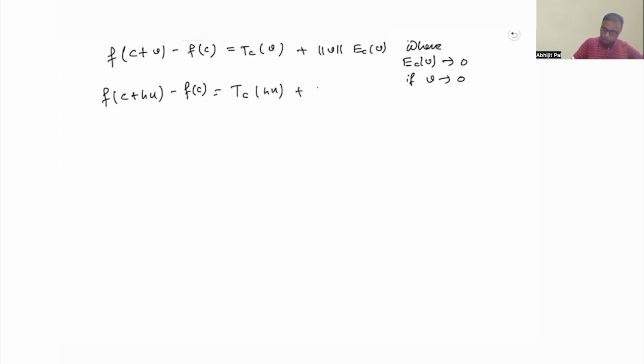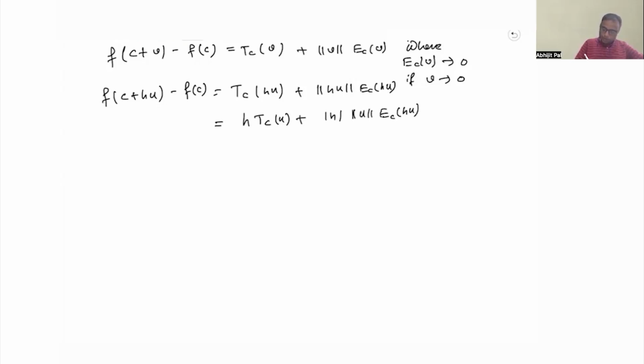So now we have this equation. Now this T is a linear function, and this h is a scalar belonging to R, so it will come out. So it is h times TC u plus mod h times norm of u times this error term.